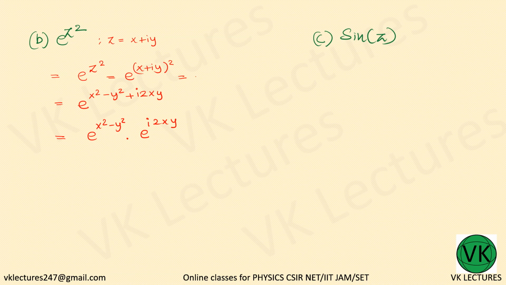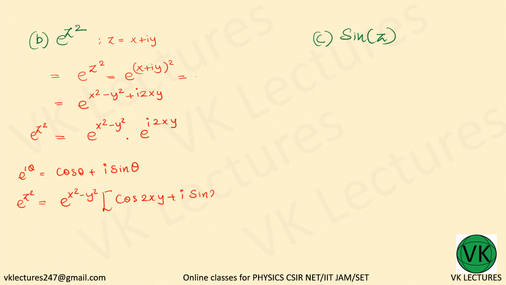Now e to the power i 2xy, e to the power i theta equal to cos theta plus i sin theta. So this e to the power z square can be written as e to the power x square minus y square into cos of 2xy plus i sin of 2xy.